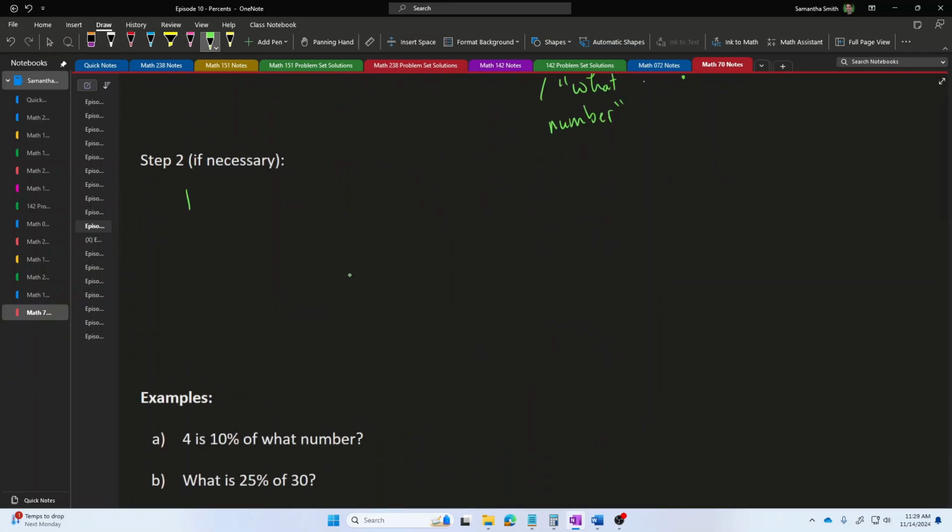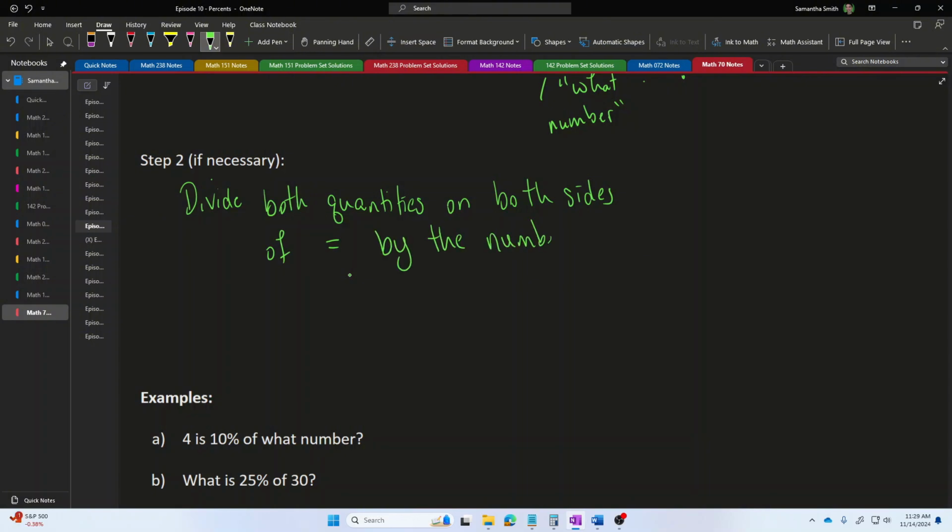If necessary, divide both quantities on both sides of the equal sign by the number multiplied by the question mark.